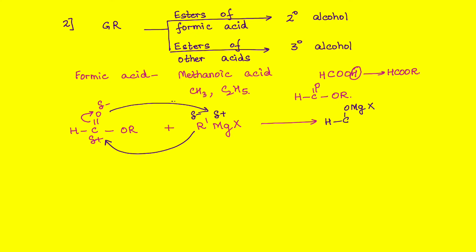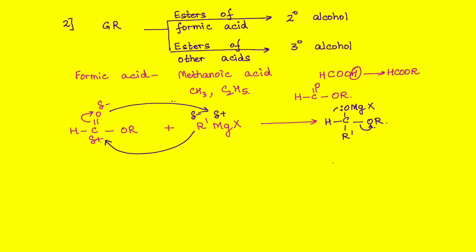So we will have HCOMgX, R dash and OR. Now this is a little heavy for it to handle. Because of the alkyl group, now this oxygen will have a tendency to withdraw electrons. Now, when this oxygen withdraws electrons of the bond, the lone pair of electrons on this oxygen are very considerate.